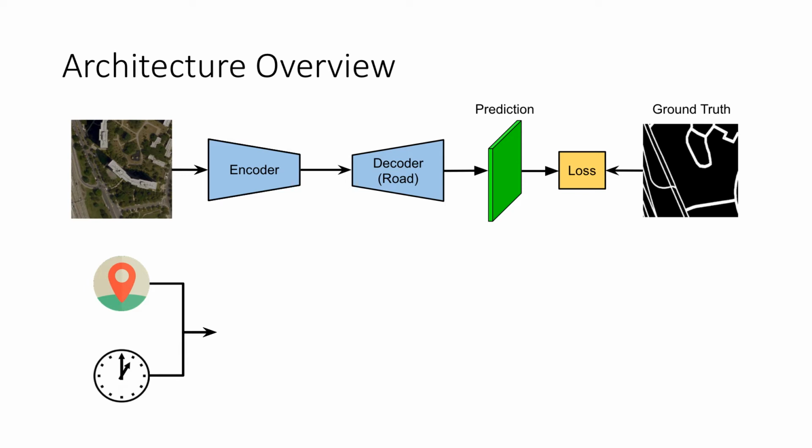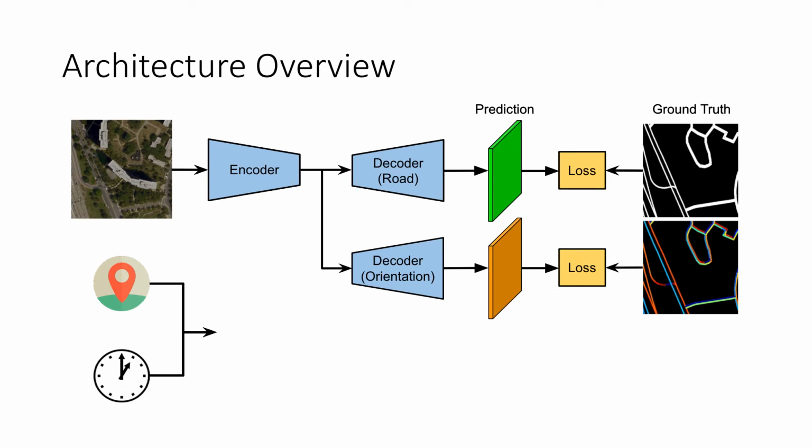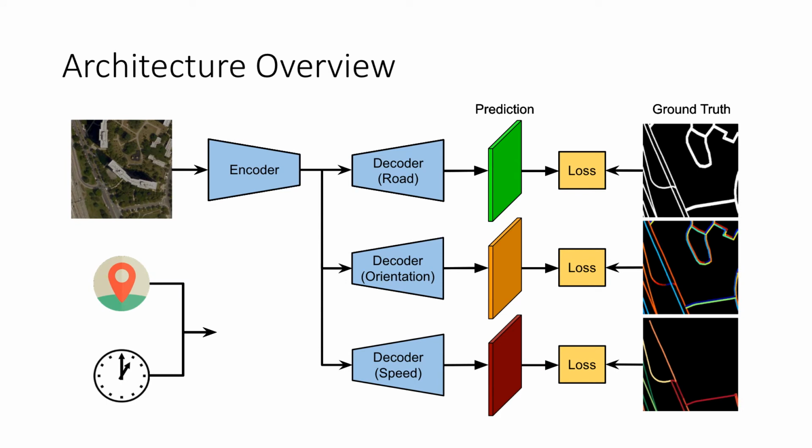The second decoder estimates the likely direction of travel at each pixel and is represented as a multi-class classification task over k angular bins. The objective of the final decoder is to regress local traffic speeds, considering the imagery, the location, and the time. The output of our method can be considered as a local motion model that captures likely directions of travel and corresponding travel speeds.